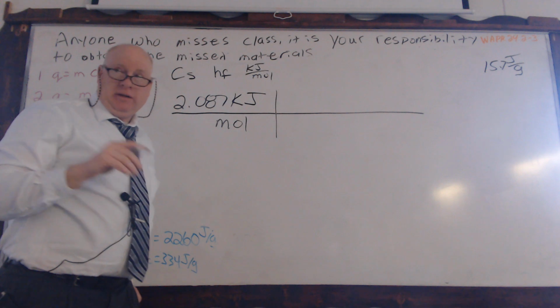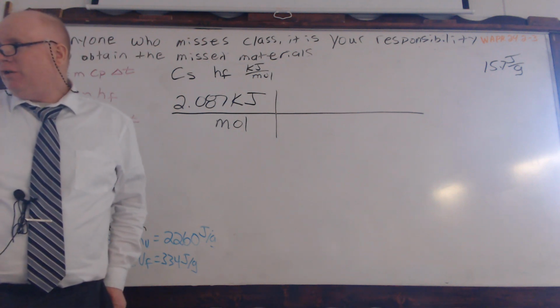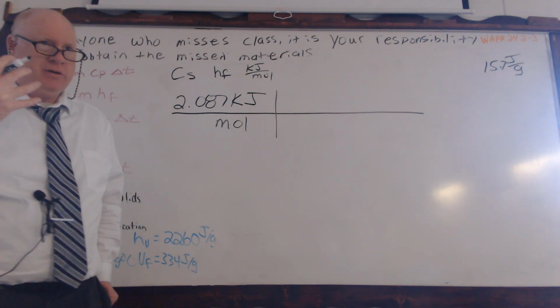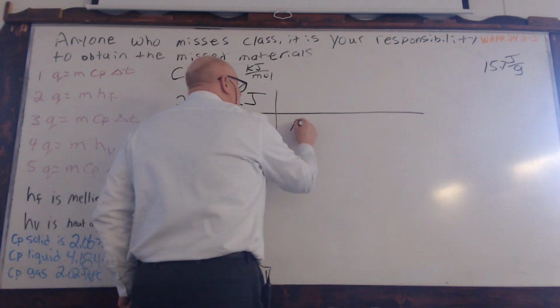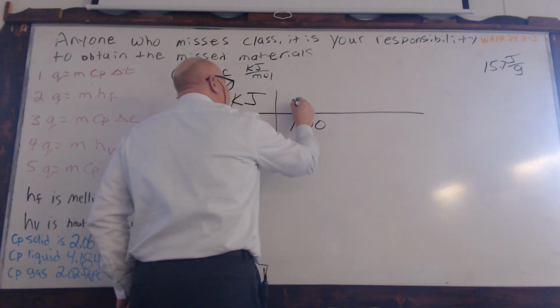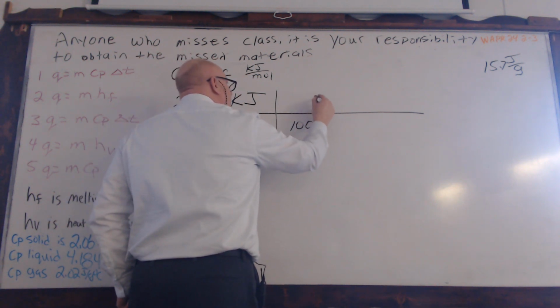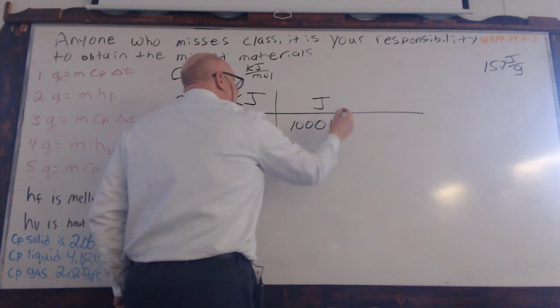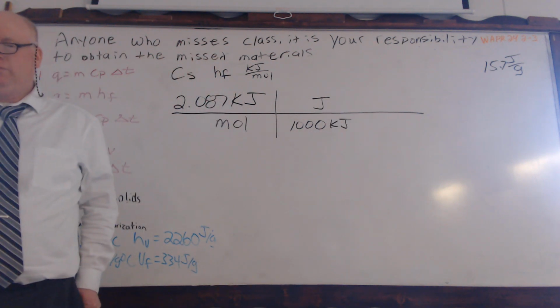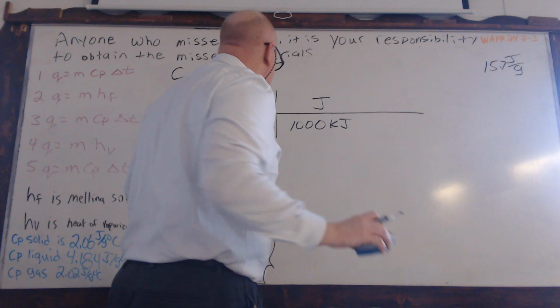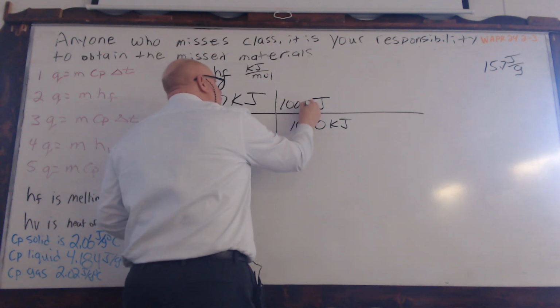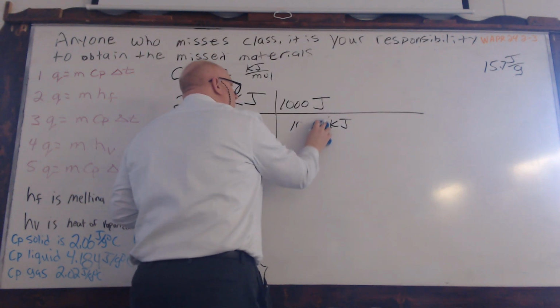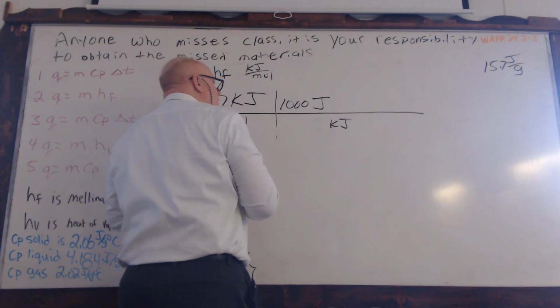Okay. See, now this is why showing your labels as you go is so important. You would not want to do this. That wouldn't make any sense, would it? No, it would not. So for every 1,000 joules, you have 1 kilojoule.